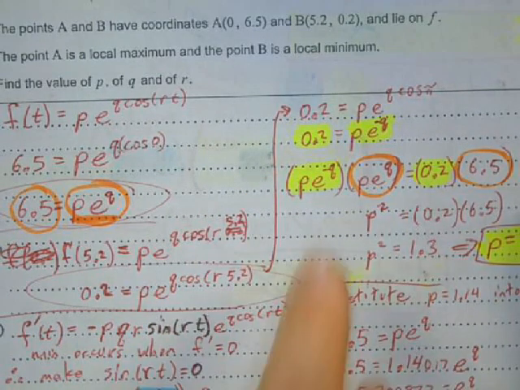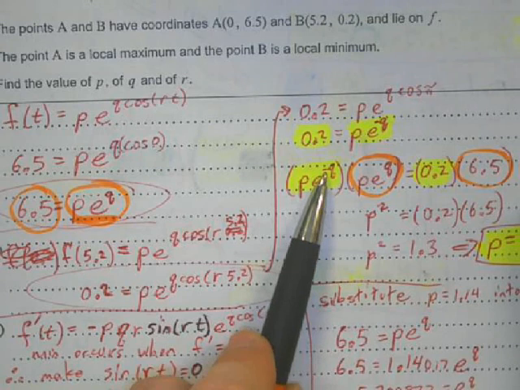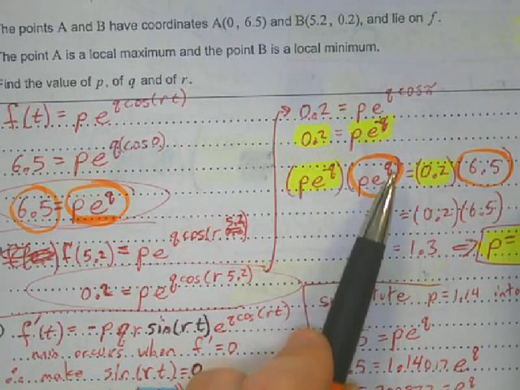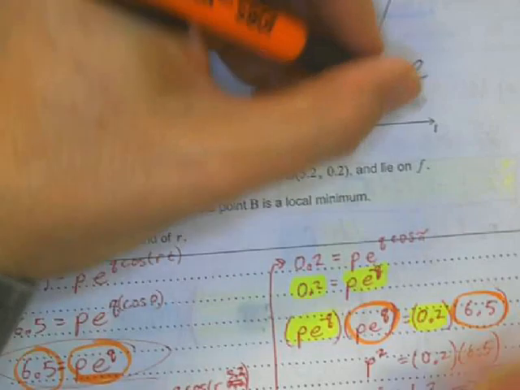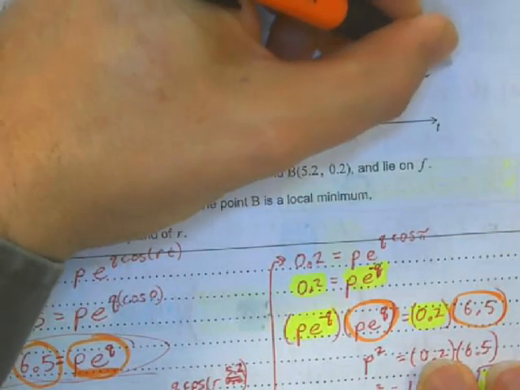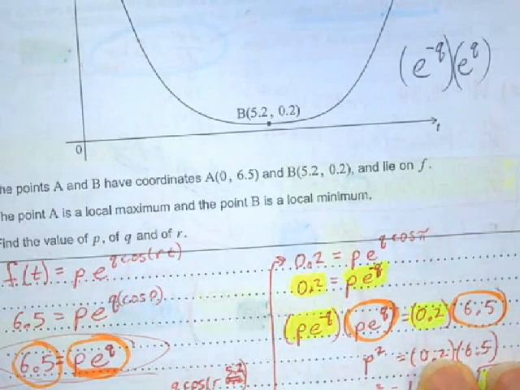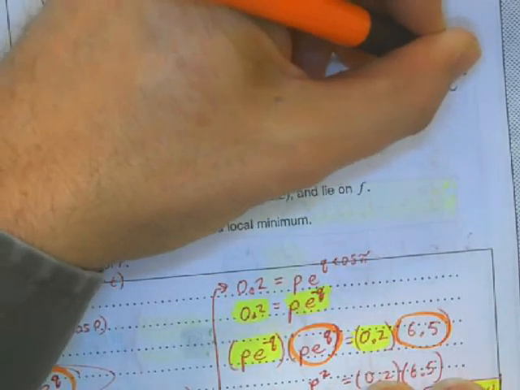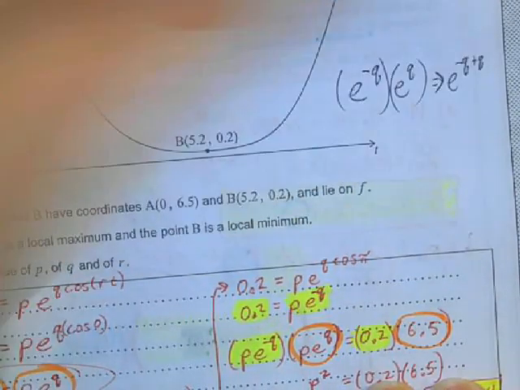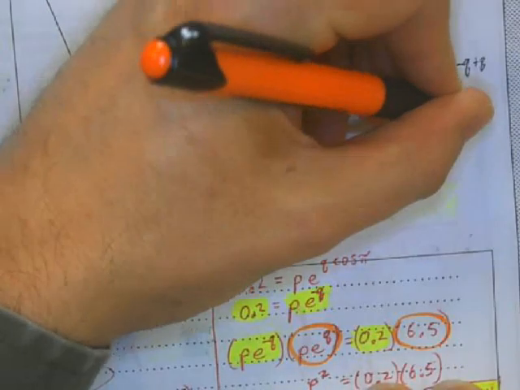So now I can solve for p, because e to the -q times e to the q gives me e to the power of -q plus q, which gives me e to the 0, and anything to the 0 is 1.